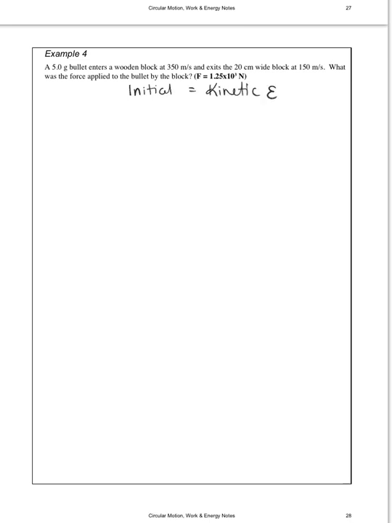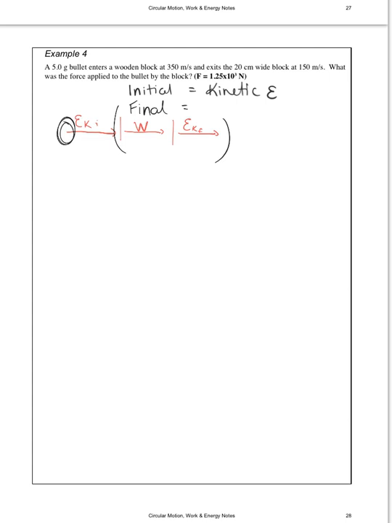Okay. So I drew myself a little diagram here to see the energy transformation. So initially it had EK. Then it hit the block and it has to do work to go through the block. Then it exits with kinetic energy final. So as it's starting its journey, it only had kinetic energy.